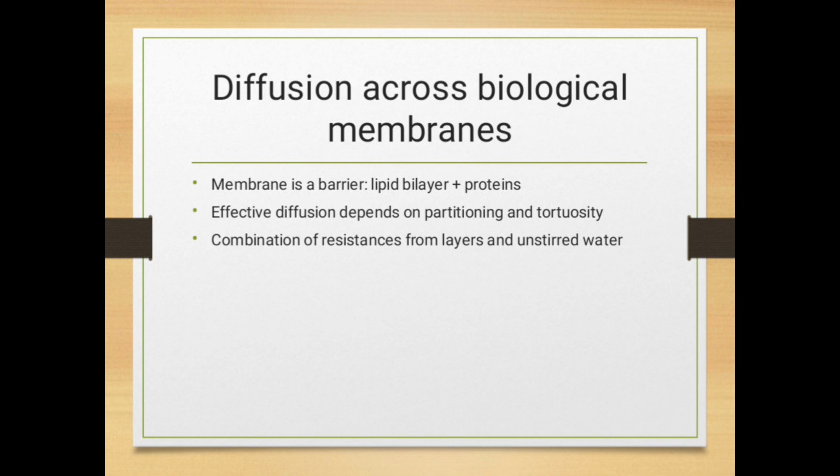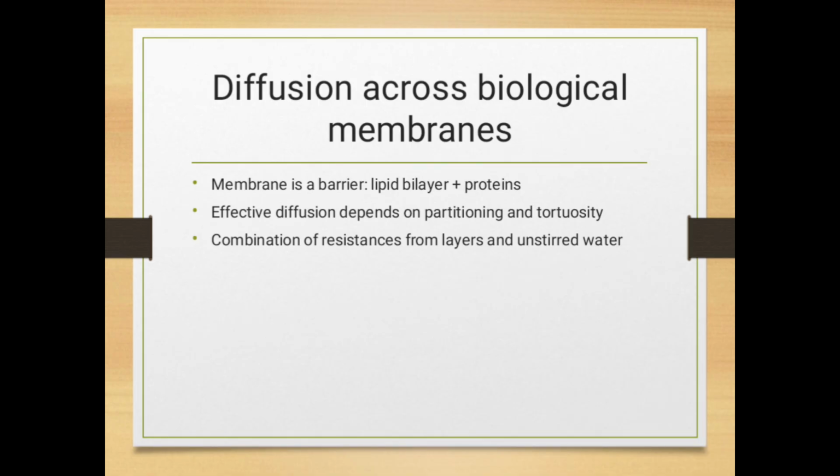The unstirred layer adds resistance and can slow down observed diffusion in experiments, right? That is, we say the membrane is a barrier, that is a lipid barrier plus proteins, etc. Effective diffusion depends on partitioning, tortuosity, and the combination of resistance from the membrane layer and unstirred water.